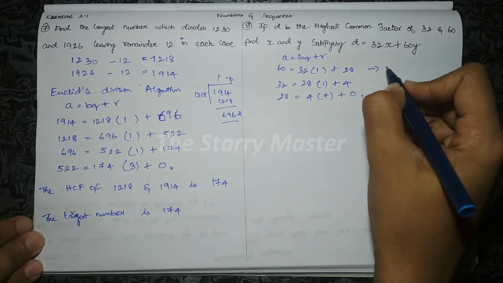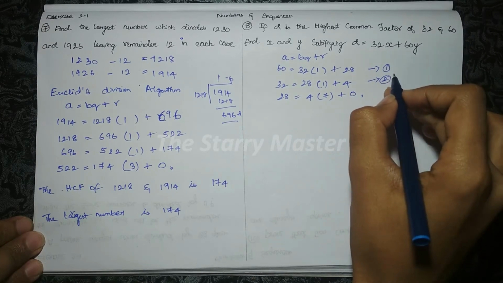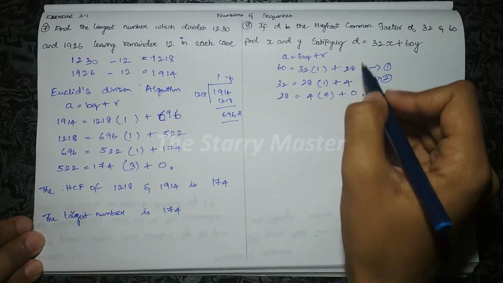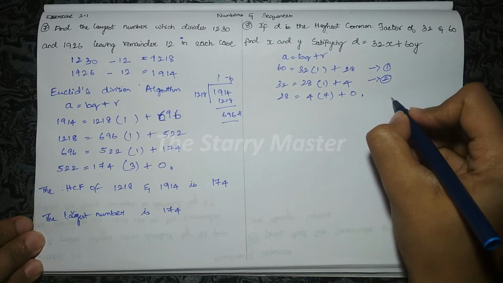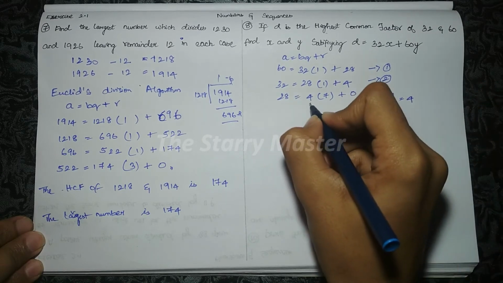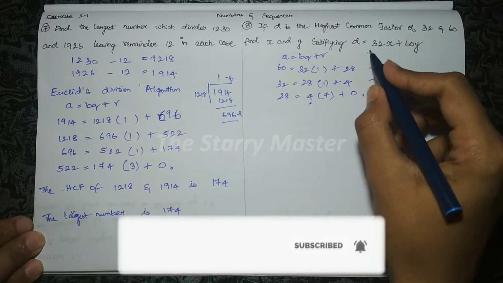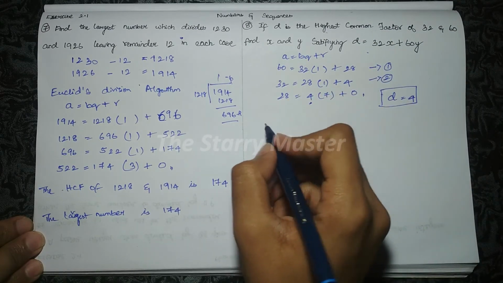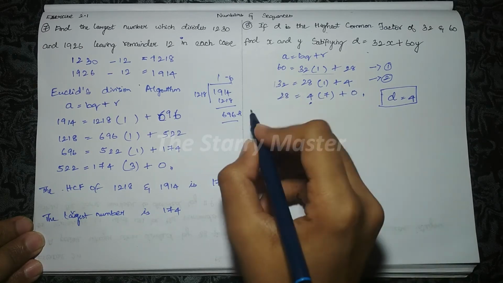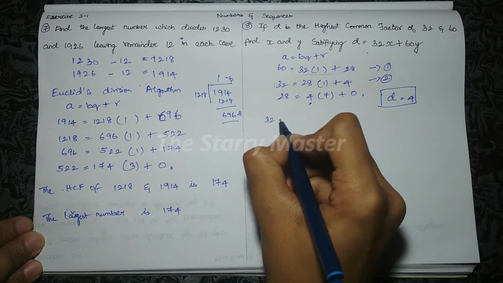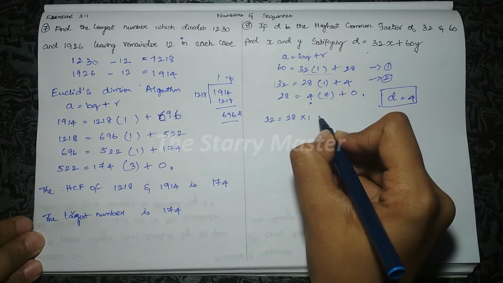Then we take these as equation 1 and equation 2. Here we have found the highest common factor, so the value of d equals 4, which we got here. Then we have to substitute. We take the second one: 32 equals 28 into 1 plus 4.